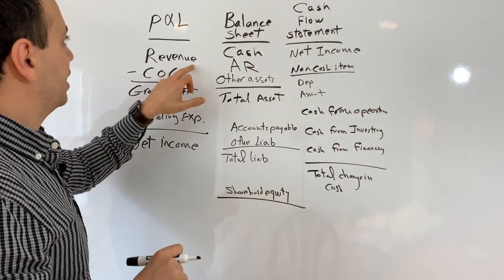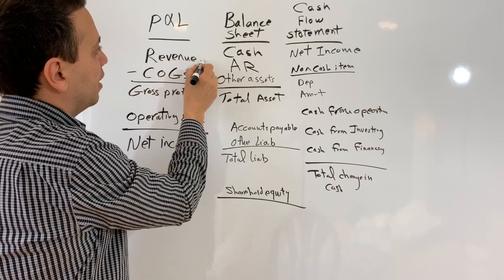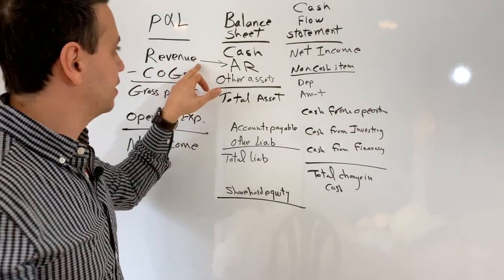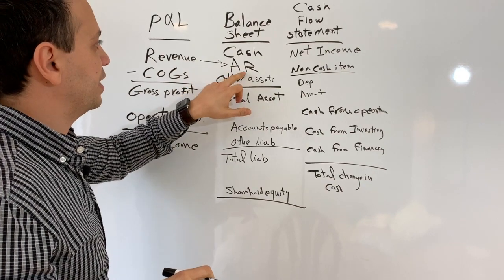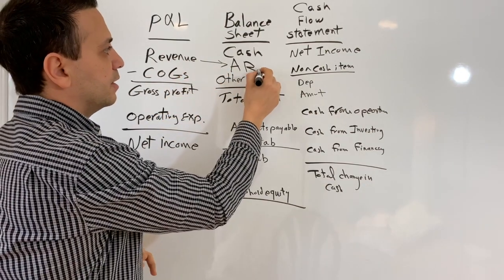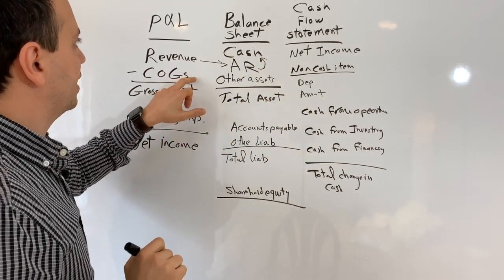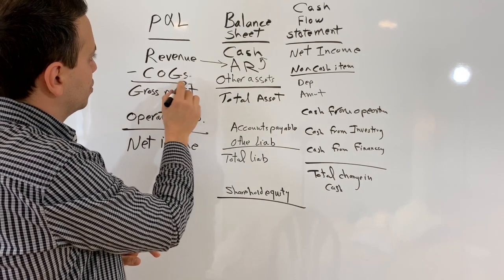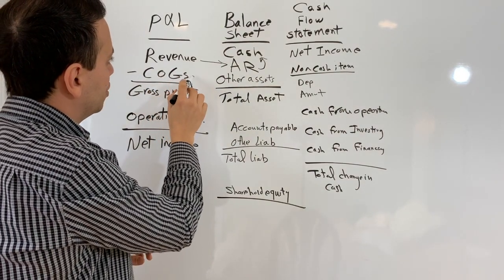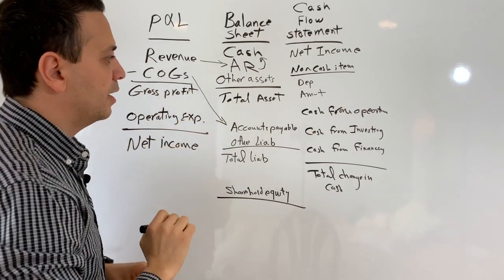So from the P&L, your revenue will drive AR. So when you sell an item, mostly on credit, you are then increasing AR. As AR gets collected, that goes into cash. Then the next thing to talk about is cost of goods sold. As you buy merchandise or buy goods, you are increasing your accounts payable.